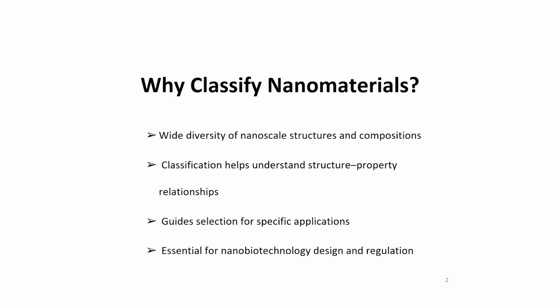You need to classify them properly to create a better understanding of the structure property relationships of these nanomaterials. This guides the selection for specific applications. This classification will help you to determine what kind of nanoparticle has to be used for any specific application. It is also essential for nanobiotechnology design and regulation.